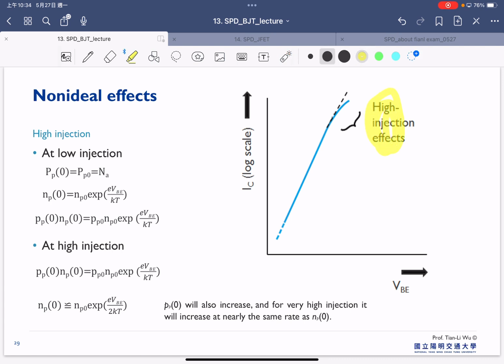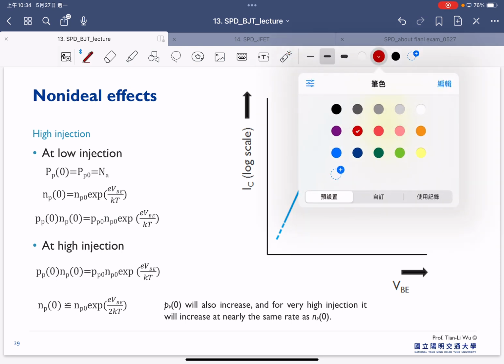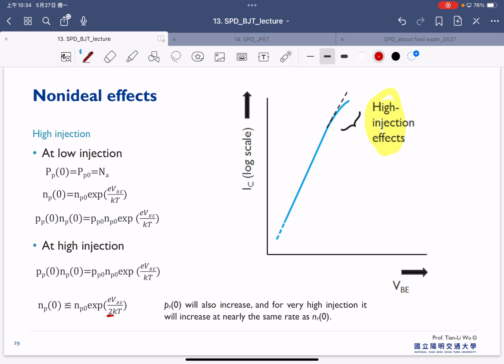So under the large VBE bias, we start to see the slope is changed here. It becomes 2P, like shown here. That's why the current increase becomes slower because of the high level injection effect.